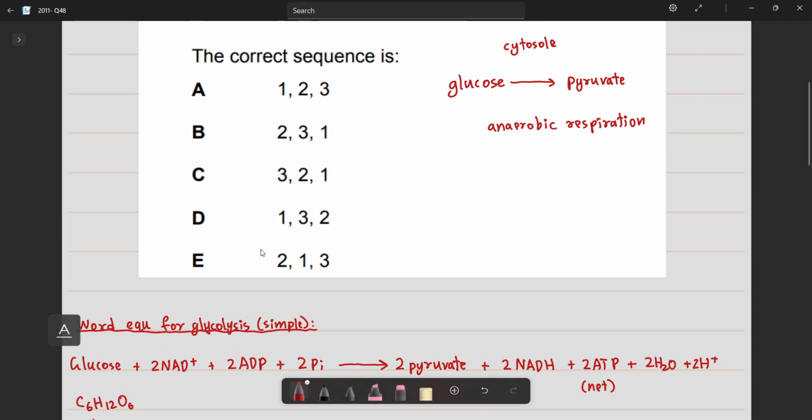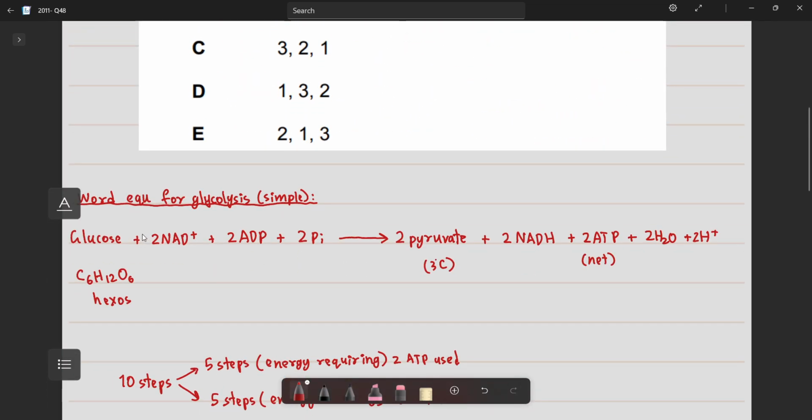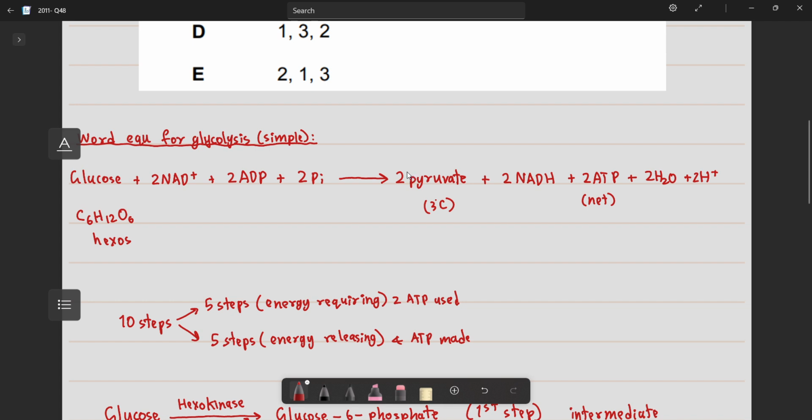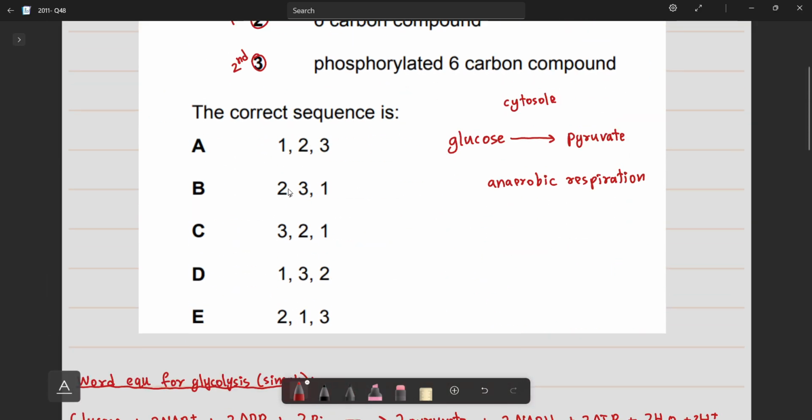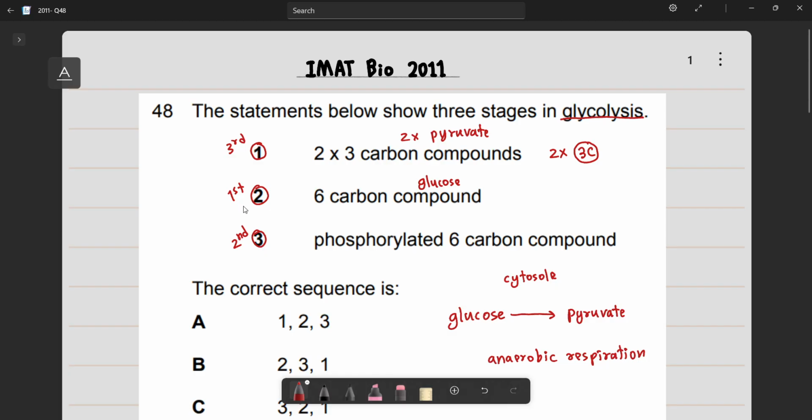So you already know that glucose is the main reactant required for glycolysis, to produce 2 pyruvate. Pyruvate is our final product and glucose is our first reactant. So this is easy. You just mark the main important points.